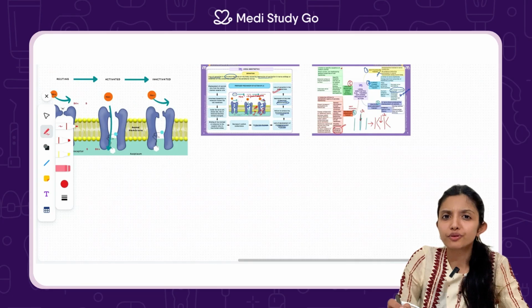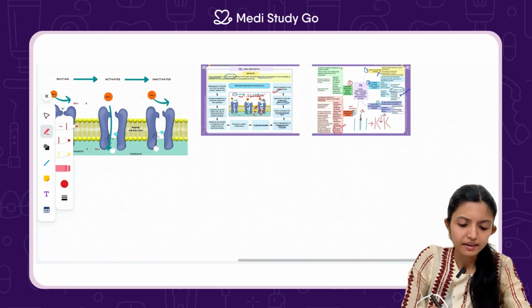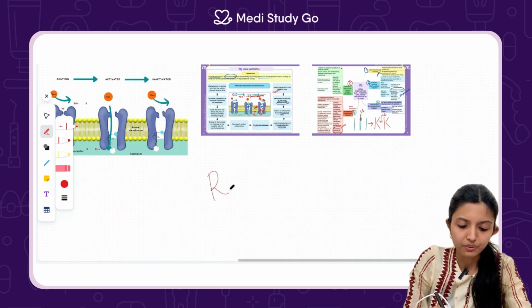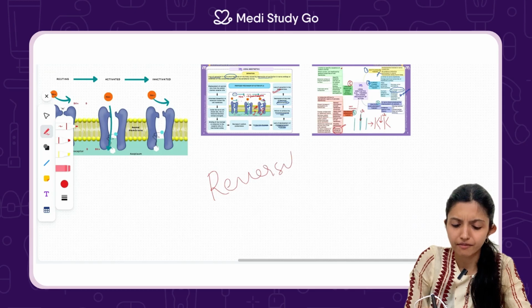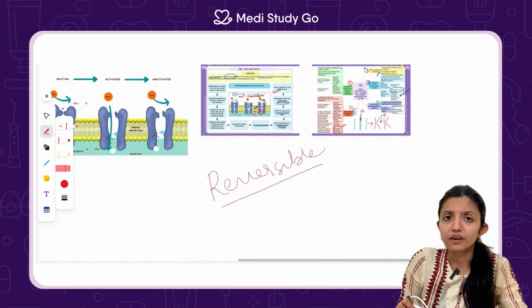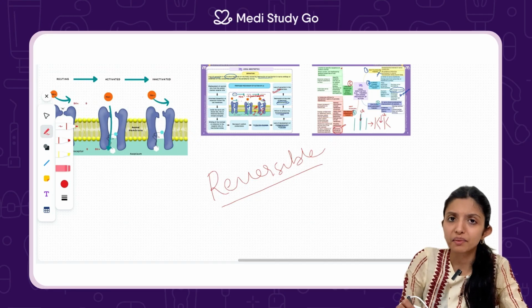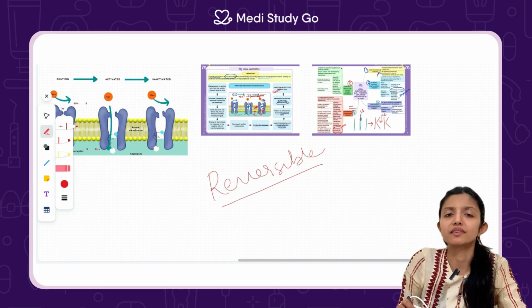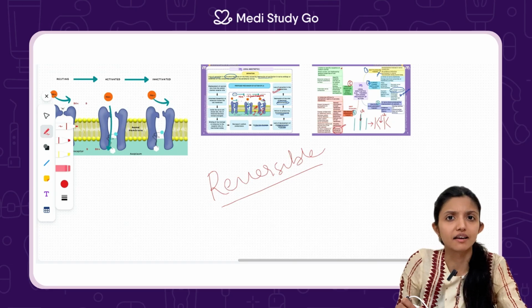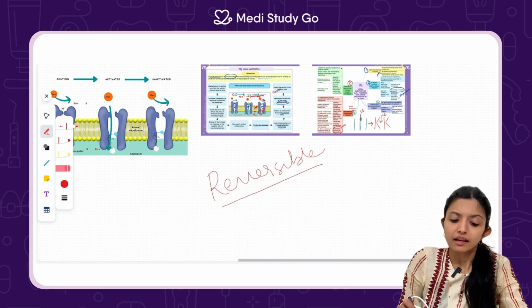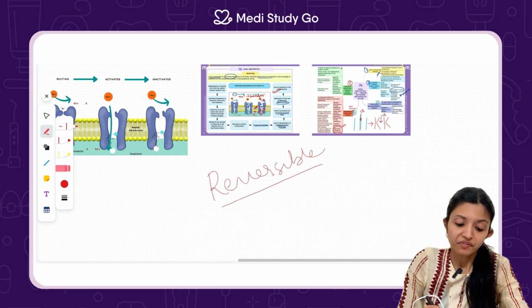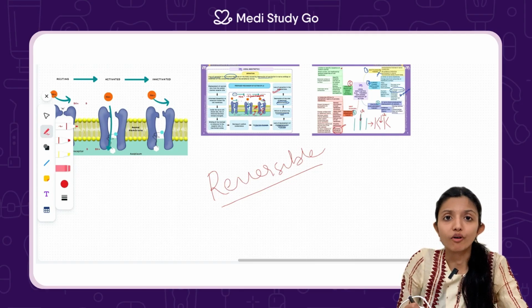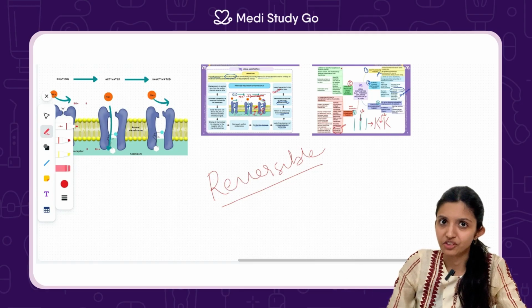Now many of you would ask that local anesthetics produce a reversible action. Why so? Why is it that when you give LA to a patient, the area becomes numb, but after some time the anesthetic effect starts to lower off? That happens because the blood constantly washes the local anesthetic which is present.